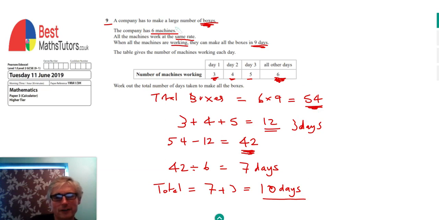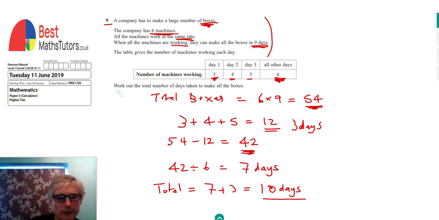Again, this is a question where we've got to read through it very carefully, and I would recommend underlining the main points. We can see we've got 6 machines, we're making all the boxes we need in 9 days, and they all work at the same rate. Also, I think a good tactic on these is to read the question first before reading the bulk of the text.